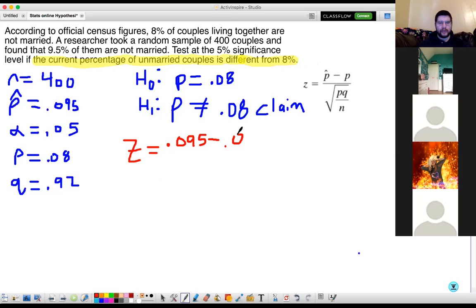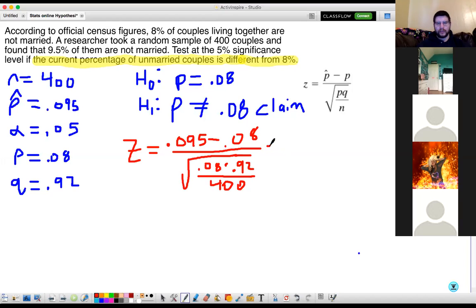P was 0.08. Square root. P was 0.08. That's what we're looking at. Q was 0.92. All right, N was 400. So we got that. That's our test statistic.